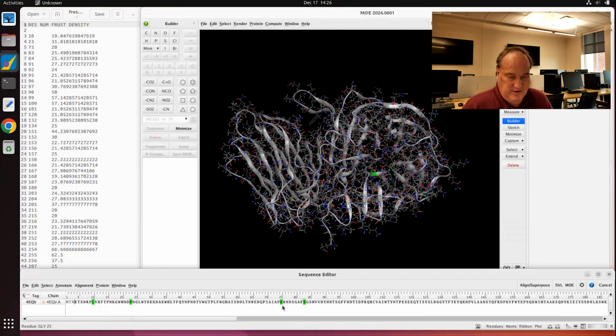The reason I color them down below is that if you click elsewhere, it's going to deselect everything else. So I like to make sure we record, and then we can print our data and analyze that easier. So we're going to go through this whole list, color all of our frustrated residues and identify them.